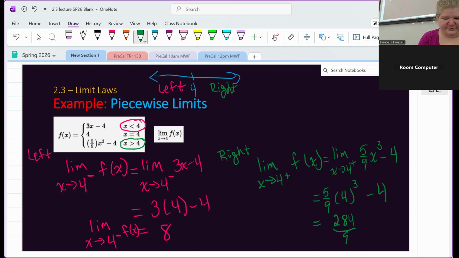All right, so I figured out my left side, I figured out my right side. I still haven't answered the actual question here. What's the limit as x approaches 4 overall of this function? Overall.